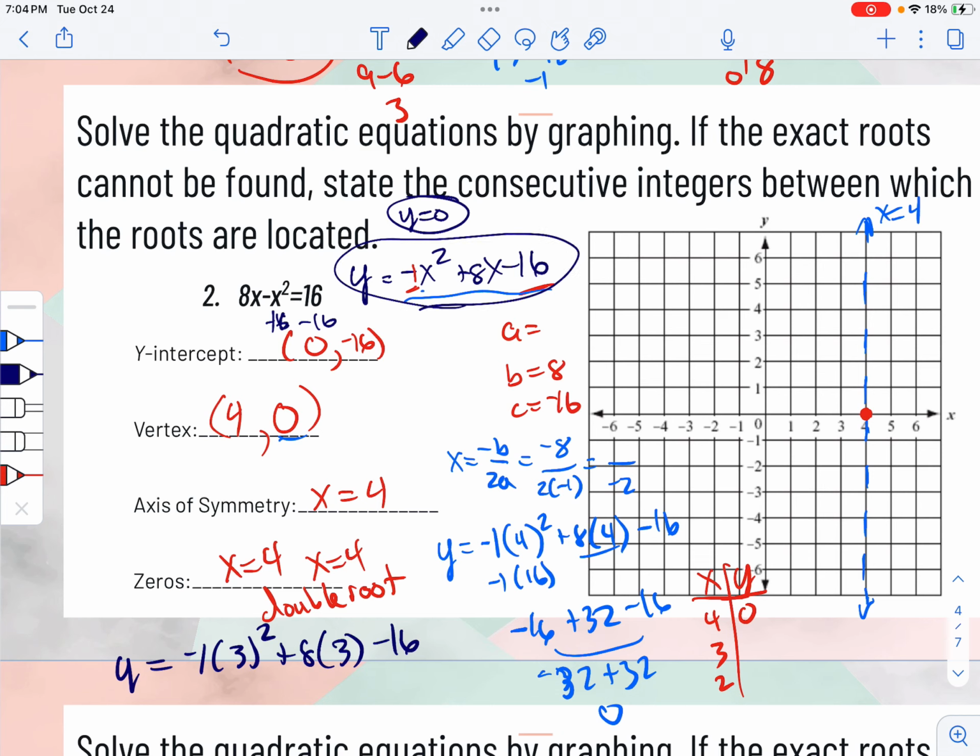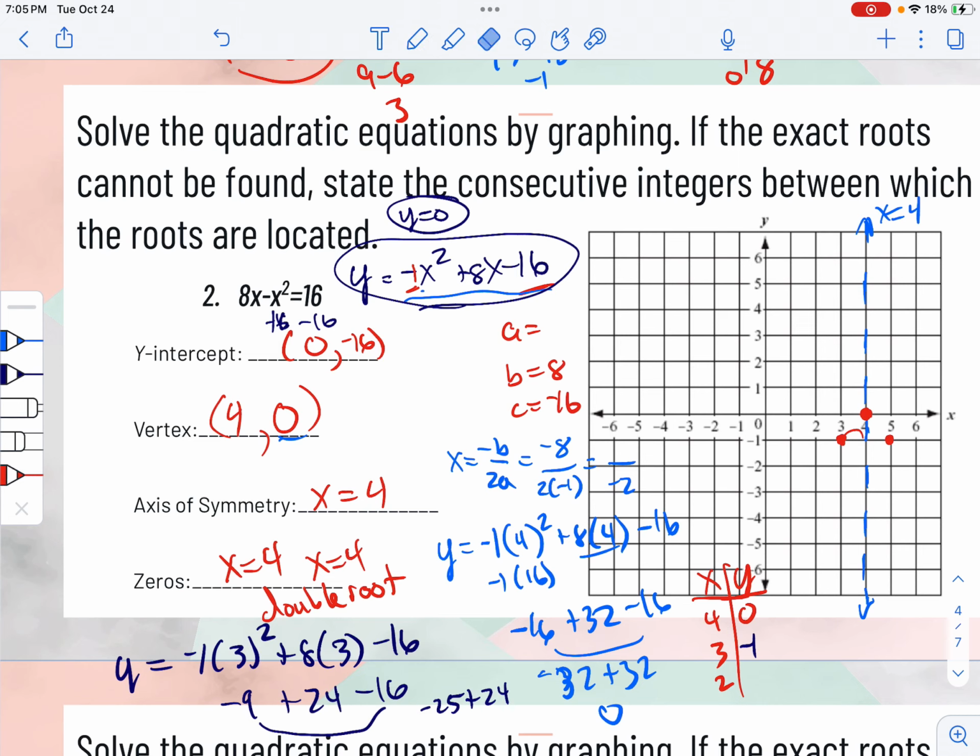Once again, I'm just plugging it in here into the original function. 3 squared is 9. 9 times -1 is -9, plus 24, and then minus 16. 9 and -9 and -16, that's -25, plus 24, that's -1. So 3, -1, right there. That's 1 unit away, so go 1 unit past it.